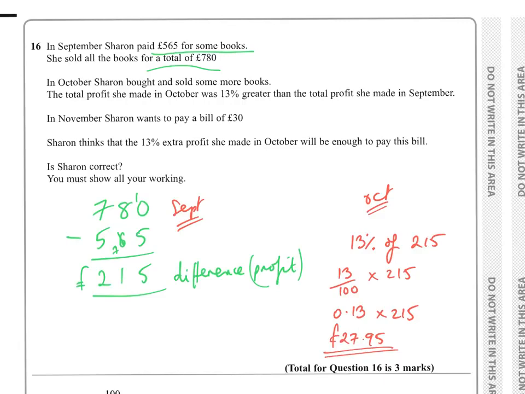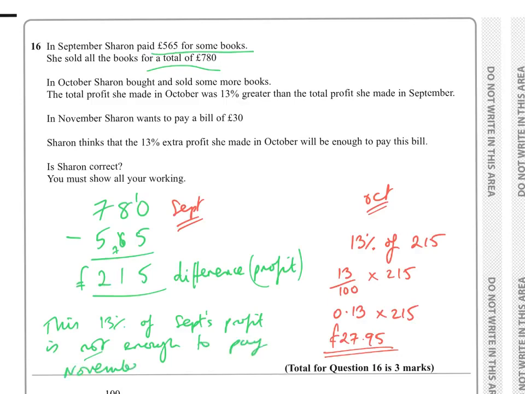So I'm afraid you can say this 13% of September's profit is not enough to pay November's bill of £30. Okay, so that's reasonably straightforward.